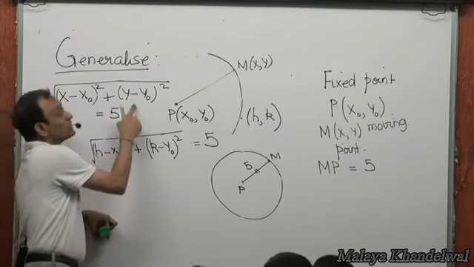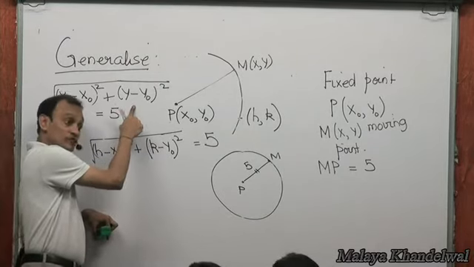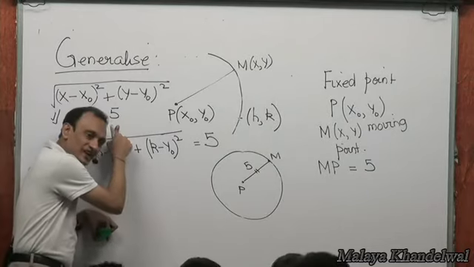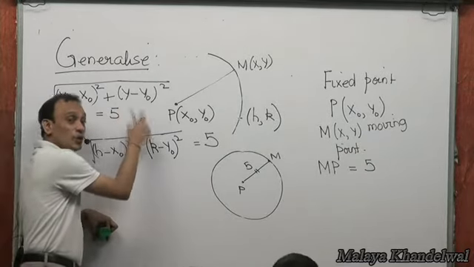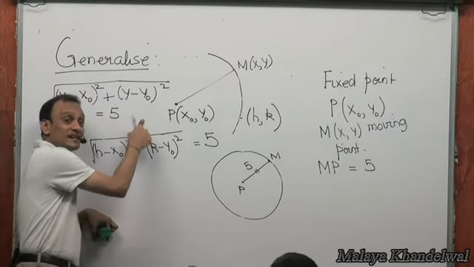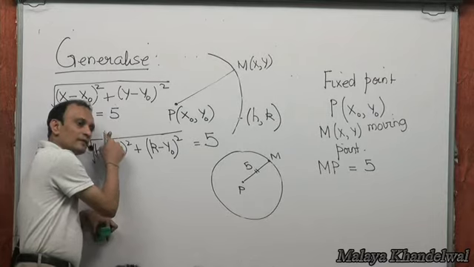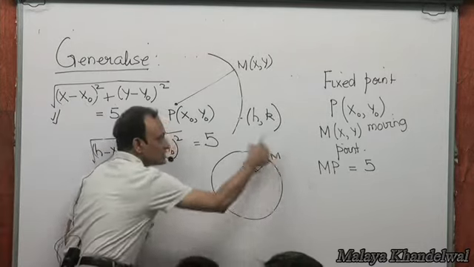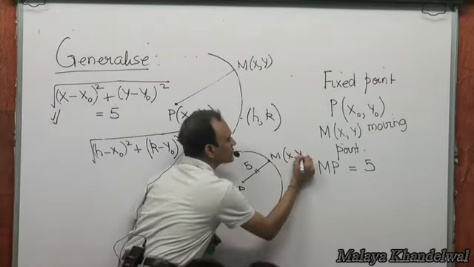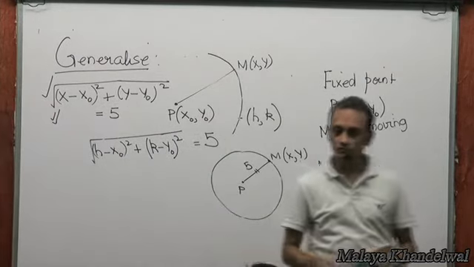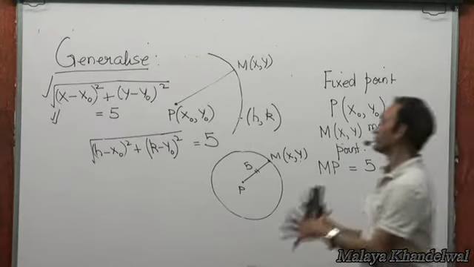So this will then represent the equation of a circle with center x naught, y naught and radius 5. Any x, y lying on this circle must satisfy this condition.